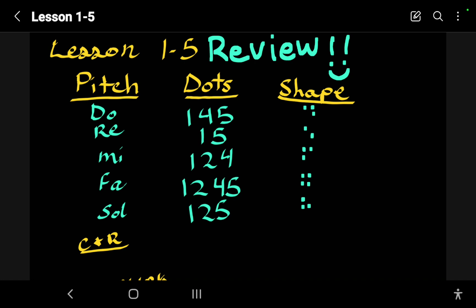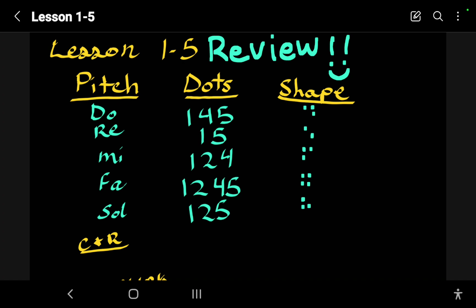So it's really important to learn the dot numbers. Do is 1, 4, 5. Re is 1, 5. Mi is 1, 2, 4. Fa is 1, 2, 4, 5. And Sol is 1, 2, 5.